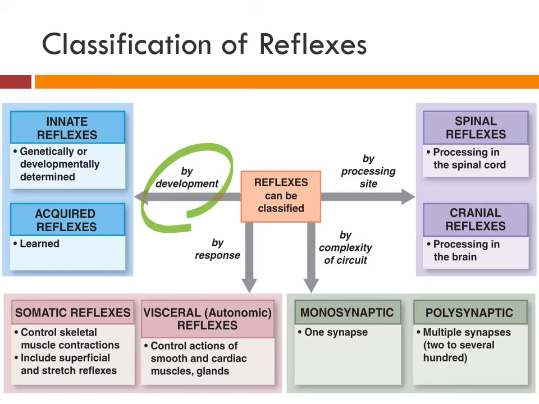Acquired reflexes are learned reflexes. I like to think about these as looking at a slalom skier. When you first go into a slalom course, if you're a new skier, you have to think about every twist and turn that you need to make to get through those slaloms to not fall. But the more and more and more you do it, you think less.